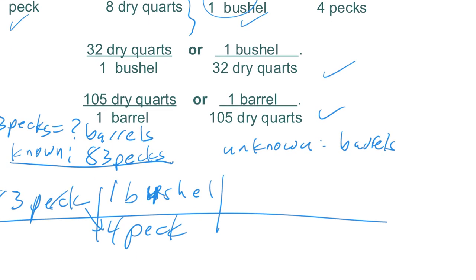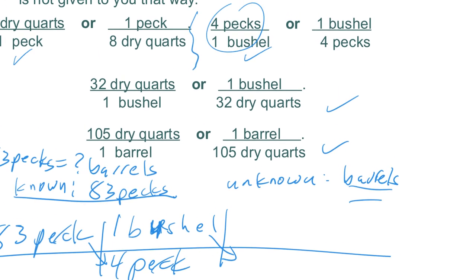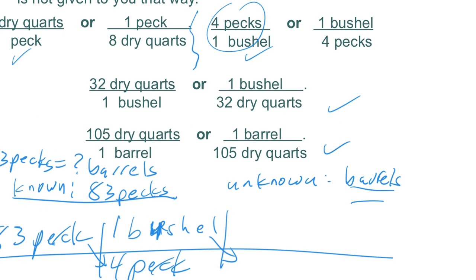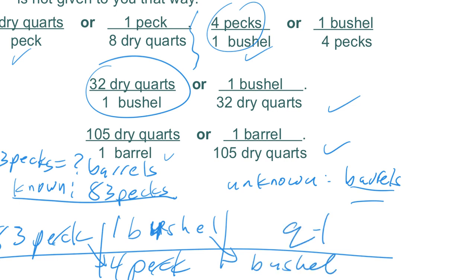Okay, so pecks is gone. We're trying to get to what? Barrels. Is there bushels to barrels? No. Only thing with barrels is quarts. So let's try to get bushels to quarts. So bushels down here to quarts, and there's 32 quarts per 1 bushel.